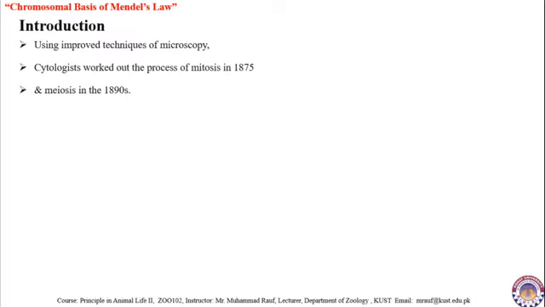So, with the passage of time, as sophisticated, high-quality microscopes were discovered, the cytologists were able to study cells in more detail. So we can say that the advancement in cytology is directly related with the advancement in microscopy.